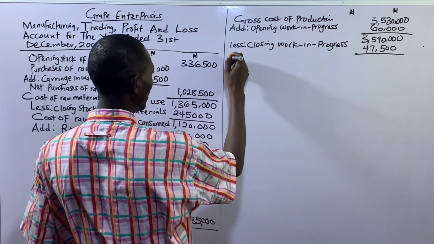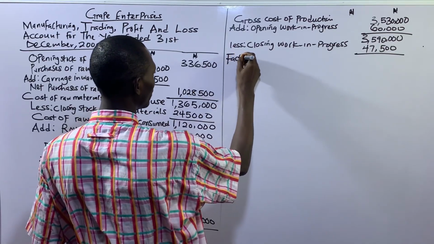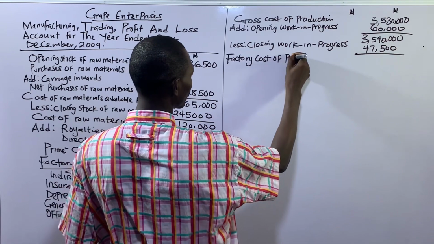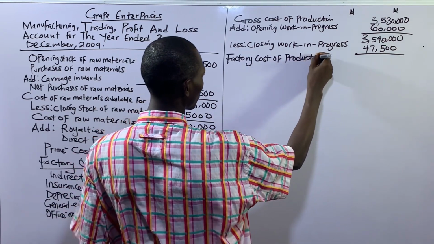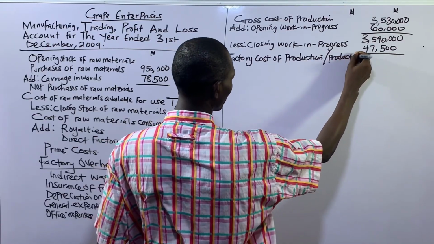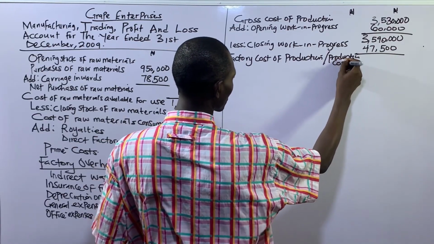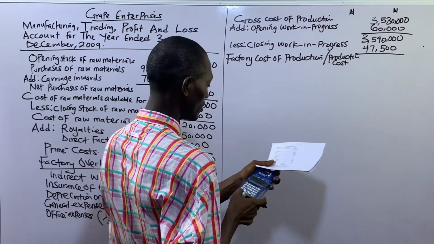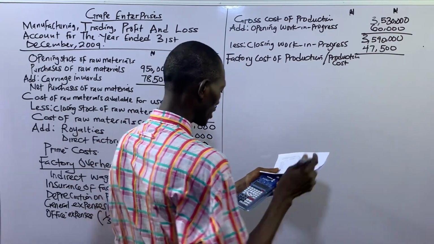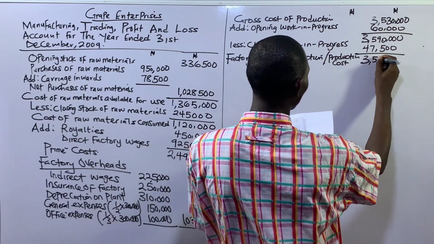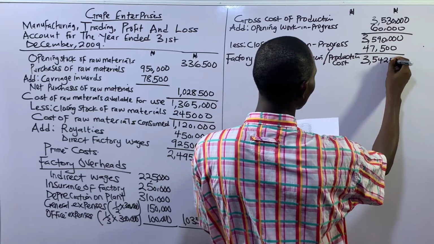Then we have our factory costs of production, or you can also call it production costs. The same thing, production costs. So that's given as minus 47,500. That gives us 3,542,500.